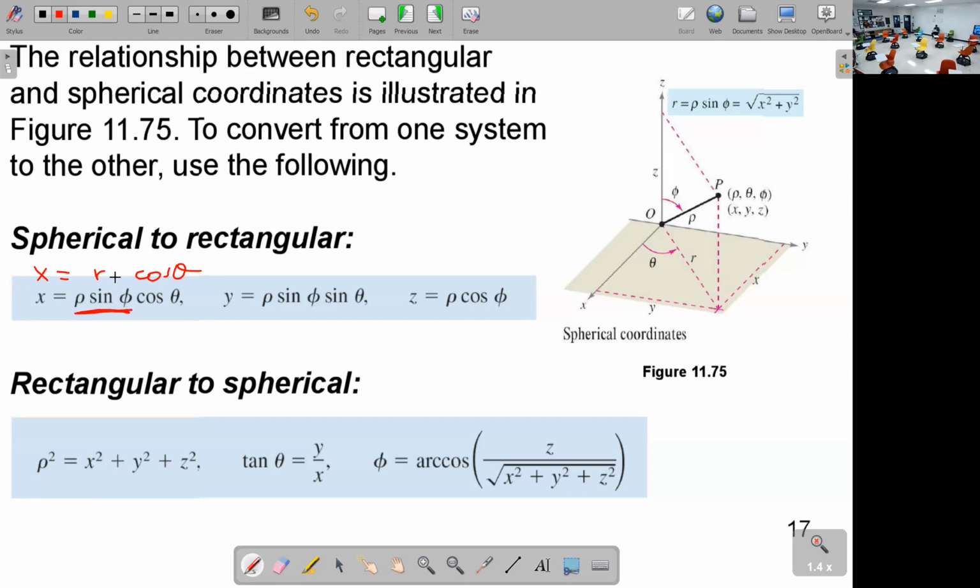Because I'm trying to convert to spherical, and R is not part of spherical. If you look at this right triangle, R is opposite phi, so R is equal to rho sine phi. So this complicated looking thing is just R cosine theta, where R is equal to rho sine phi. And Y, of course, is R sine theta.